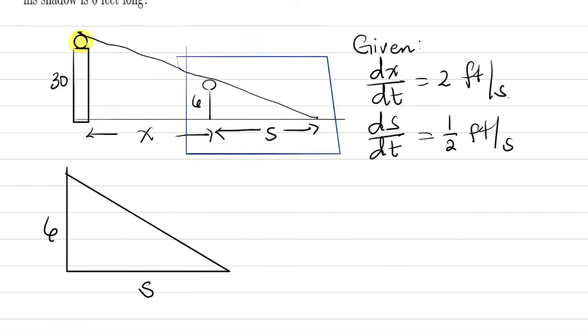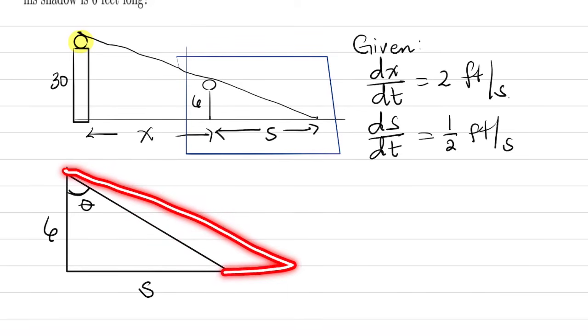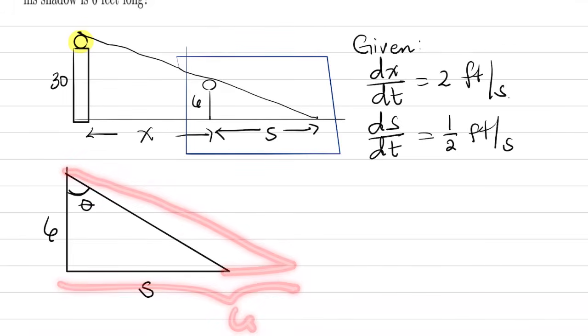Where do you think is the angle? Okay, so the angle must be here, because that must be theta. We want to know at what angular rate he must lift his head. So when he looks here, he lifts his eyes, to find out the rate when this is already 6 feet.